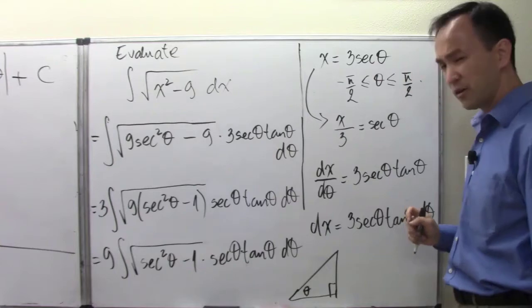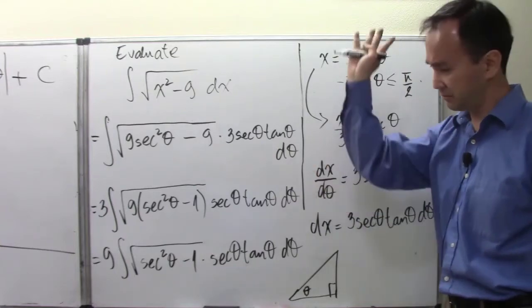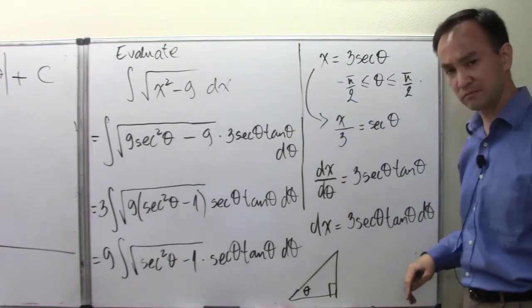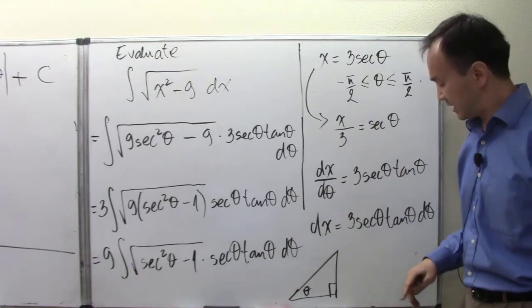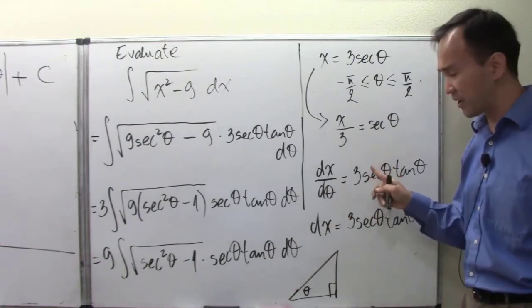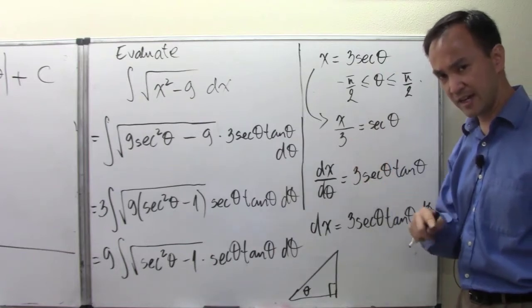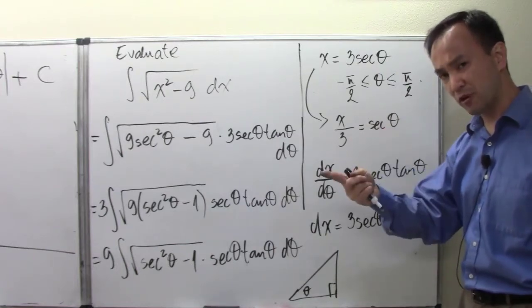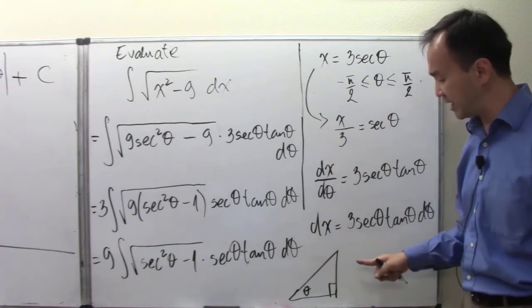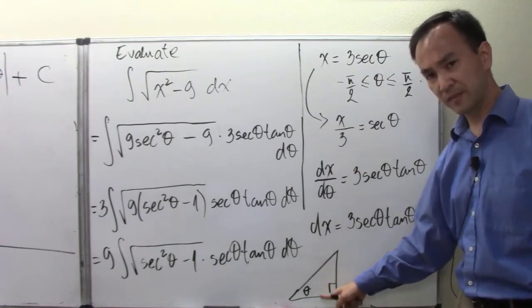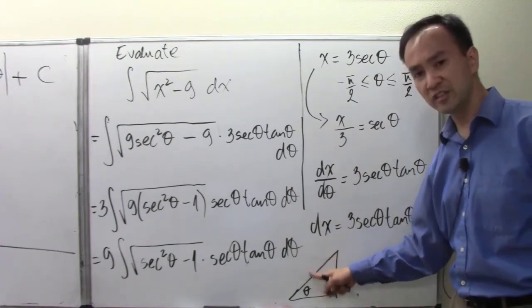In a triangle, and you have seen this in the earlier part of the lecture that I explained multiple times already, secant of theta is the reciprocal of cosine, and cosine is adjacent over hypotenuse.